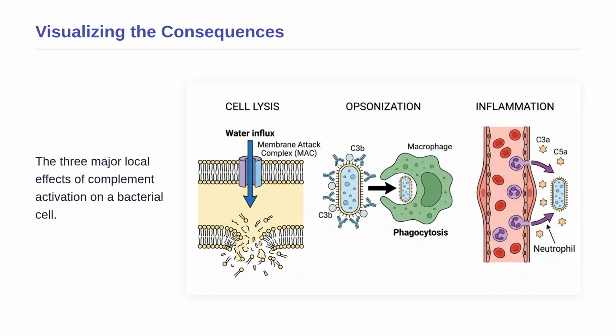In the middle, you can see opsonization in action. The bacterium is coated with C3b, allowing the large green macrophage to easily engulf it. Finally, on the right, observe how the small C3a and C5a fragments cause the red blood vessel to dilate, attracting those purple immune cells to the site of infection. This perfectly summarizes the local battlefield.